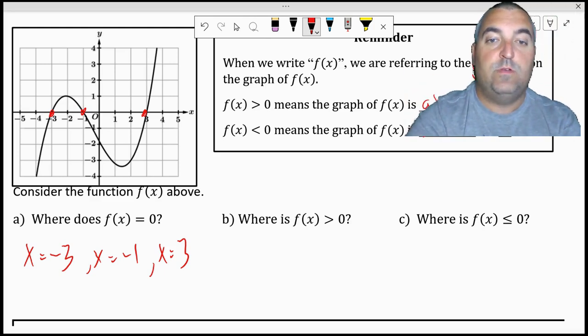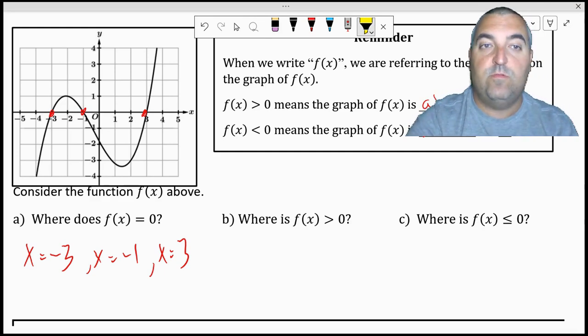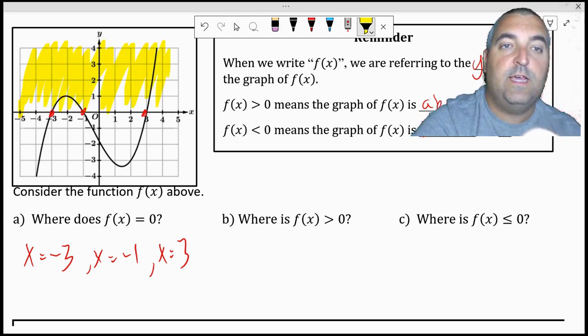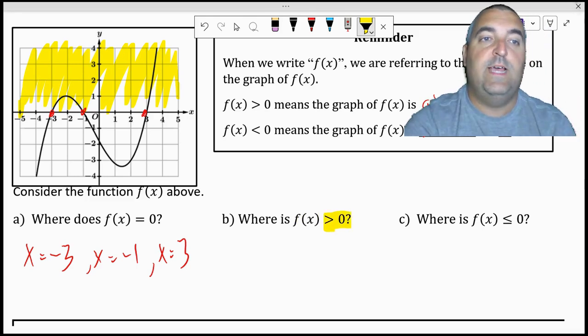Okay, so now for f of x is greater than 0. Well, greater than 0 again means we've got to be above the x-axis. So this greater than 0 is that part that's highlighted. But we only care about the graph, right?